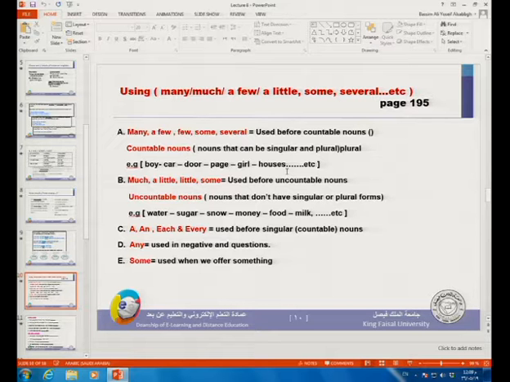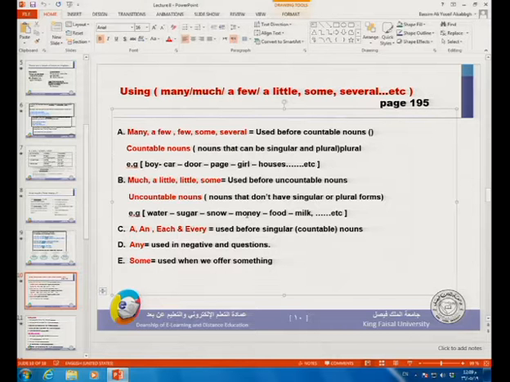On the other hand, much, a little, little, and some are used before uncountable nouns. Uncountable nouns are those that do not have a singular or plural form, like water, sugar, snow. You can't count them. Money is uncountable, by the way. Food, milk. So I can say much sugar, little snow, some food, some milk.